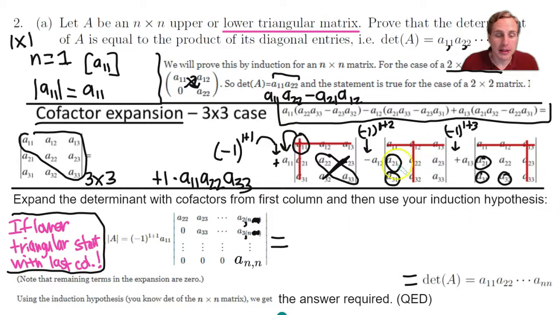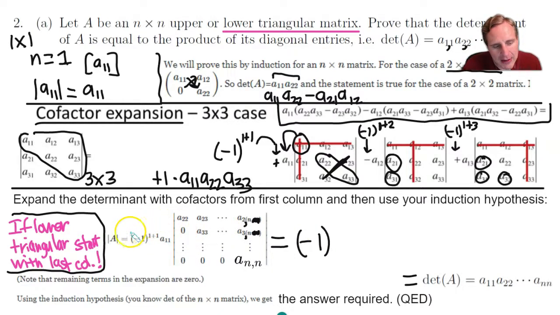So let's have a look at this. Notice that if we expand this, what are we going to have? Well, we're just going to have each of these things, so it's just going to be -1 to the, and then what's the next determinant going to be here?